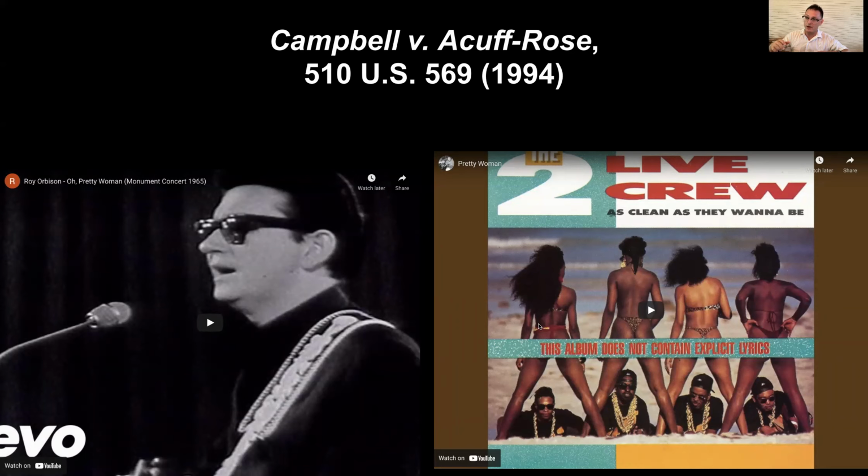So the court then reflected on the factors that ought to be considered in the circumstances, and specifically focused, for better or for worse, on the fact that the 2 Live Crew song in question was executed in a genre, a kind of cross-medium genre known as parody. Right. And so the court said, look, when you're thinking about whether or not an allegedly infringing work is transformative, you have to think about transformativeness in context, right?